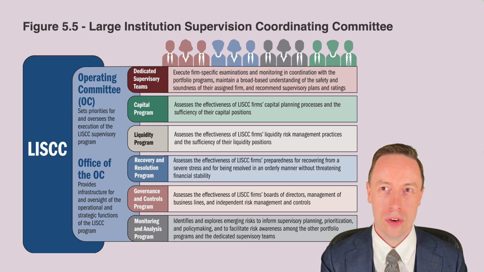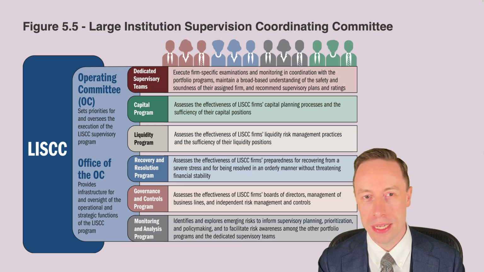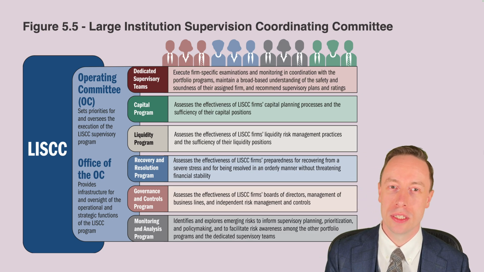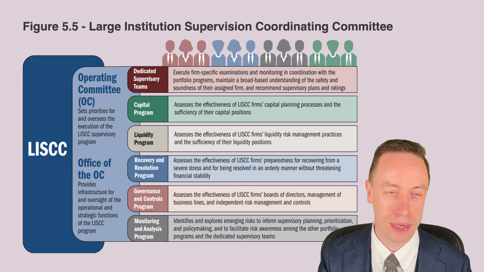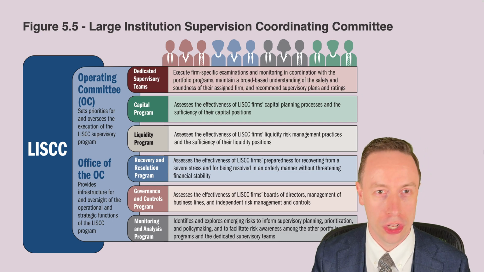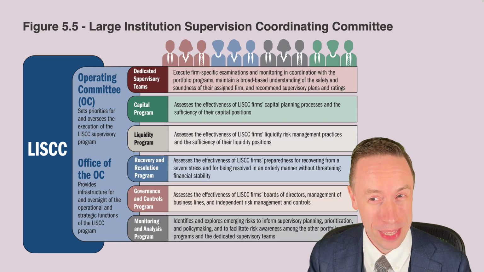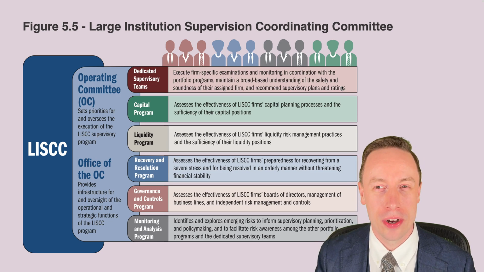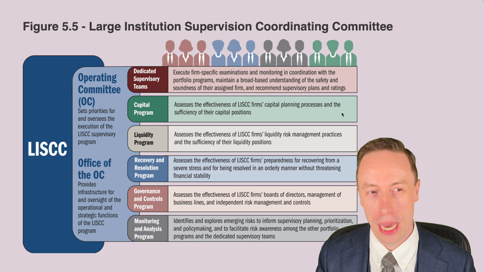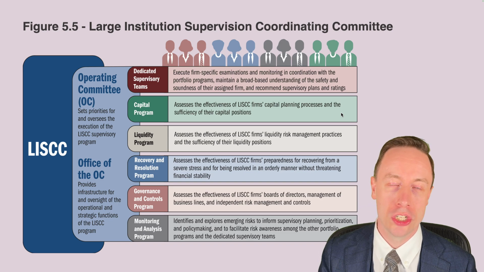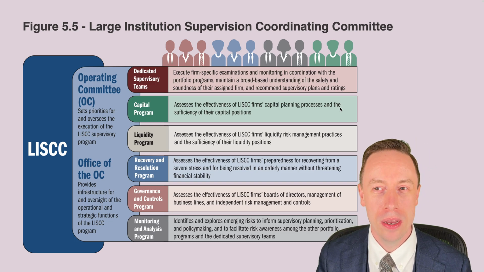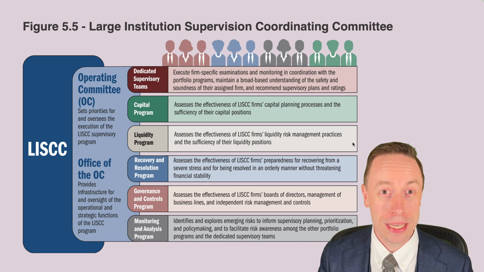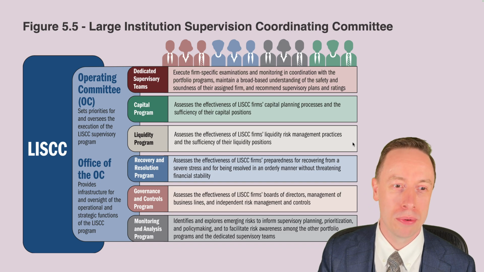So here we've got our LISCC, which has a whole extra layer of things that we're going to look at when it comes to these financial institutions. You're going to get your own supervisory team that keeps an eye on you. They're going to have a look at how well capitalized you are. Capitalization is basically the opposite of leverage, how much of your own money you have available to absorb losses. How easily you can raise cash if you have liquidity problems.